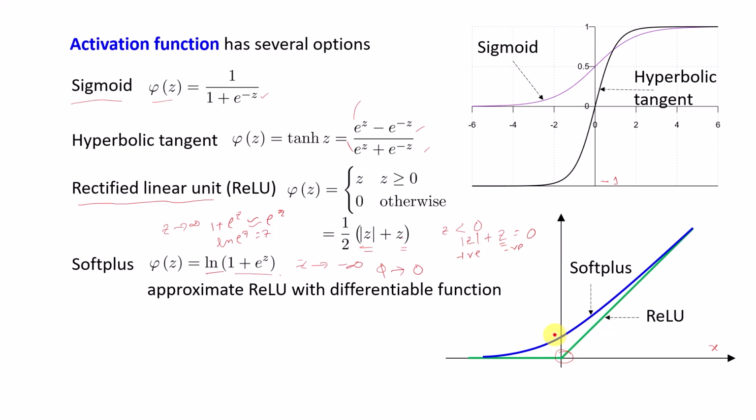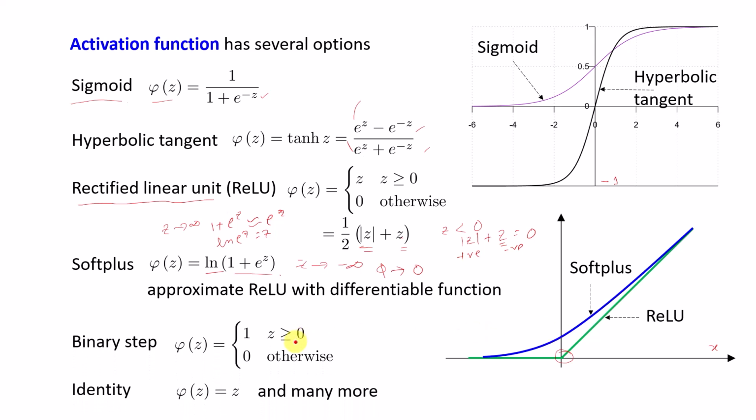And finally, we have already seen two particular activation functions. One is this binary step function, which we have used in perceptron, which will give us 1 or 0 output. When z is greater than or equal to 0, it will give us 1, otherwise it will give us 0. And the identity or linear function: whatever z comes, I just keep it like this.